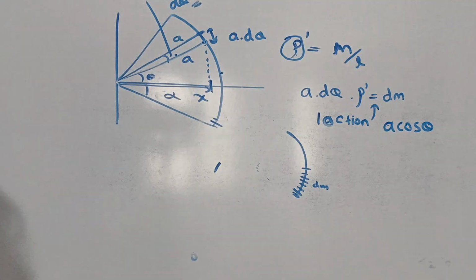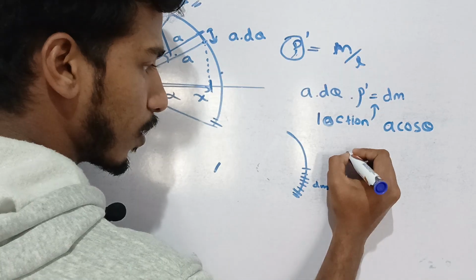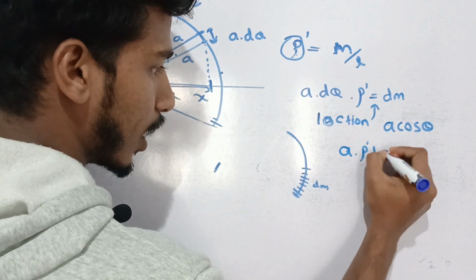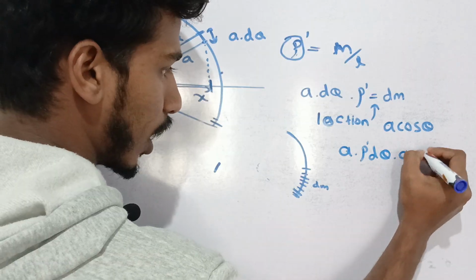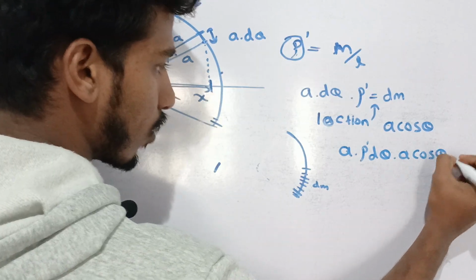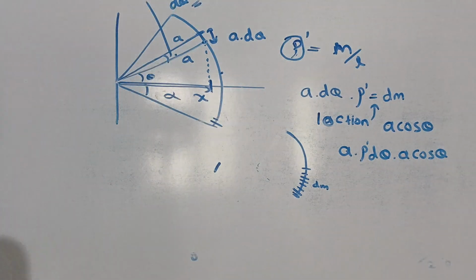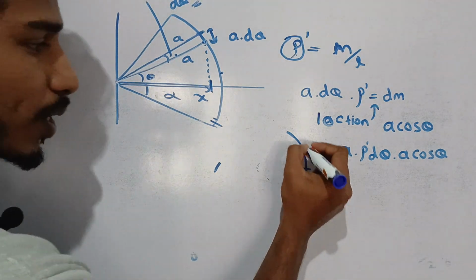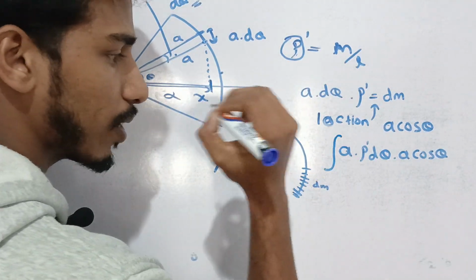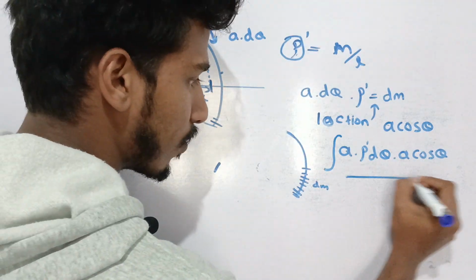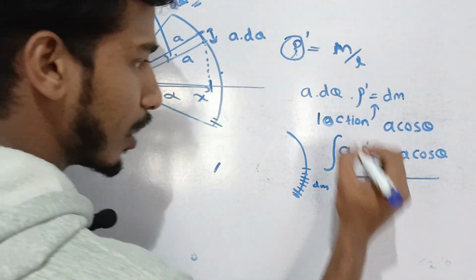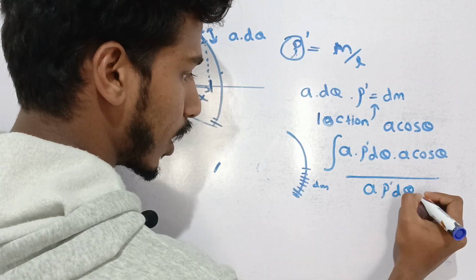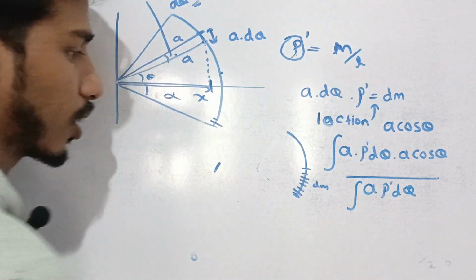So a rho dash d theta times a cos theta gets you the moment created by it. Similar to this piece, there are infinite pieces, so we must integrate it, divided by the mass, a rho dash d theta integrated.